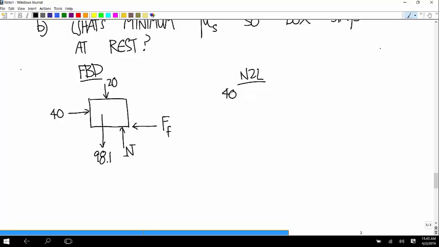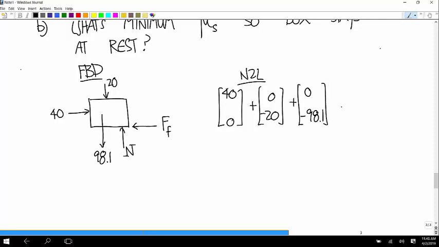So we have 40, 0, plus 0, negative 20, plus 0, negative 98.1, plus 0, N, plus negative Ff, 0. And we'll assume that it stays at rest.